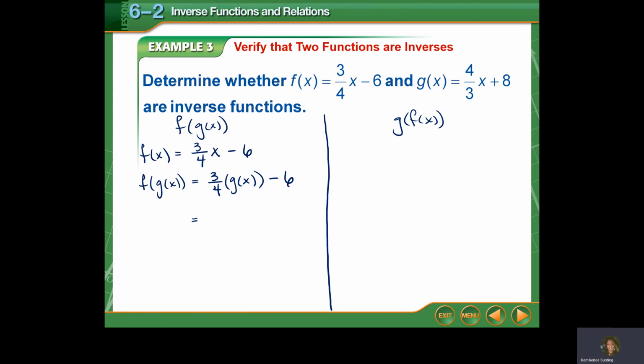Okay, I'll wait, let y'all catch up with me. Do we know what g of x is equal to? So everywhere I see a g of x, I'm going to replace it with 4 over 3x plus 8, right?